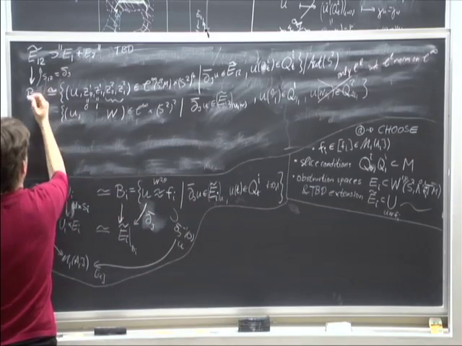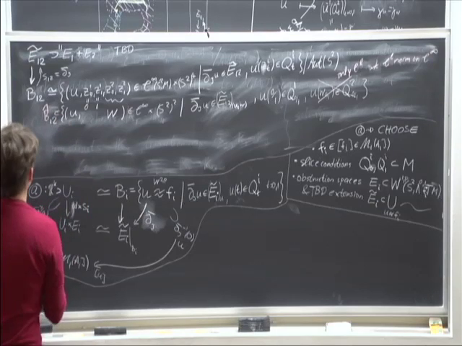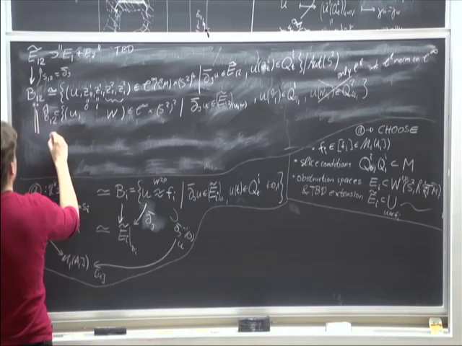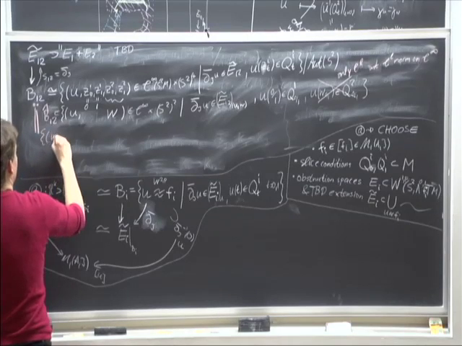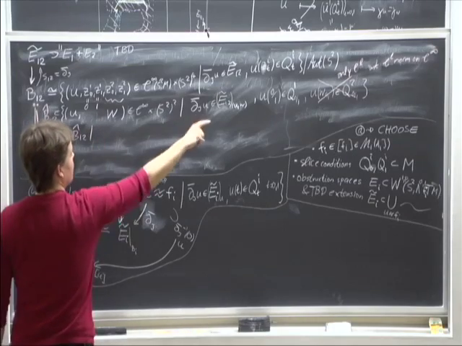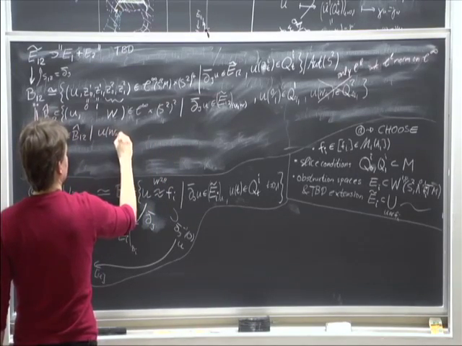So actually this is sort of a B hat 1, 2. And then my B1, 2 really is going to be a subset of this, namely those that satisfy, after the fact, this condition.